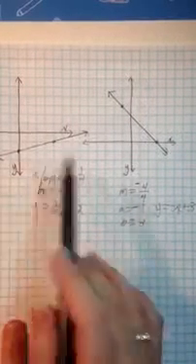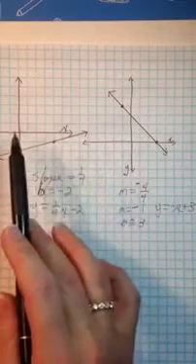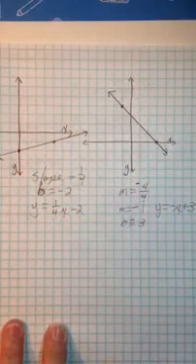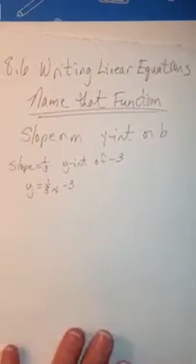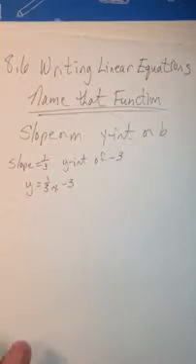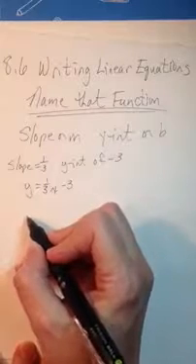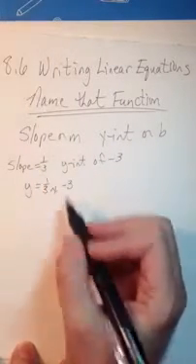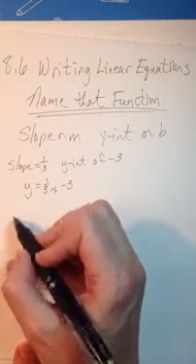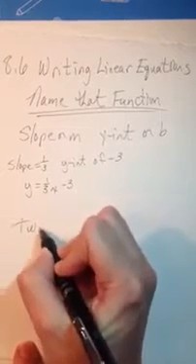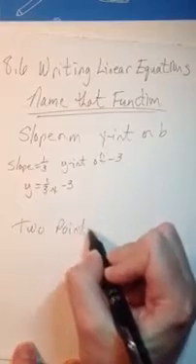Calculate your slope, rise over run, figure out where it crosses the y-axis. Then, the third thing they had you do is they didn't give you a picture, or they didn't tell you the slope. They said to find the function when given 2 points, right? If I'm given 2 points, what do I need to do?